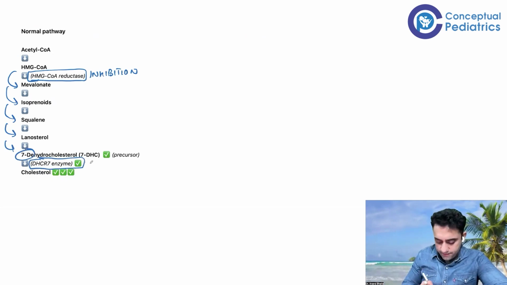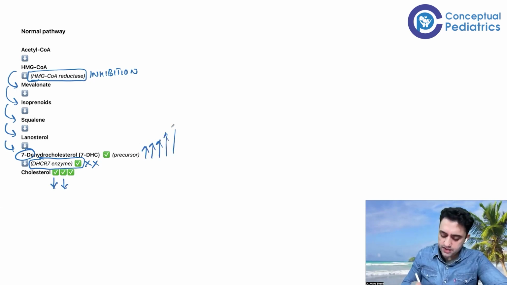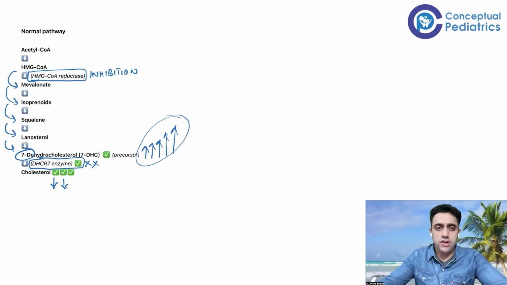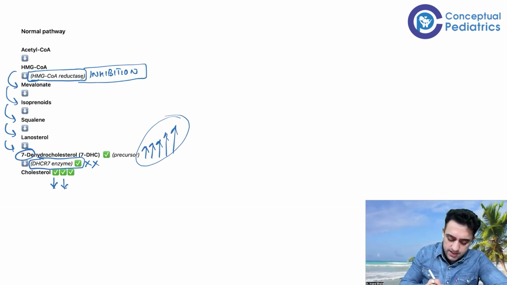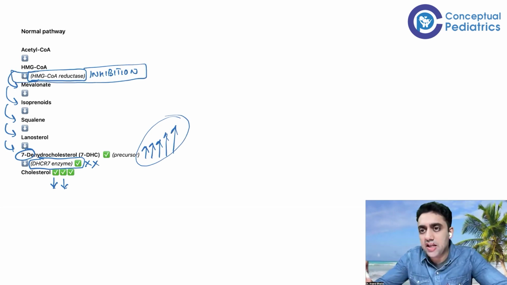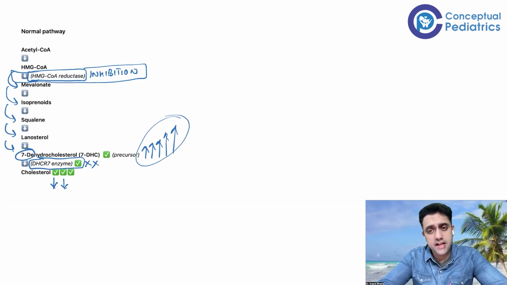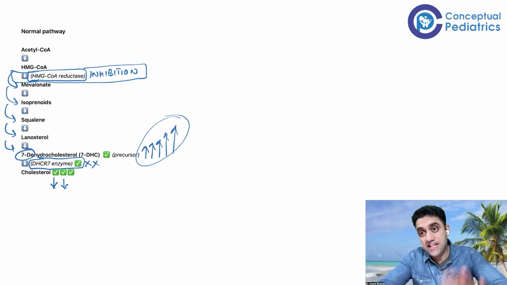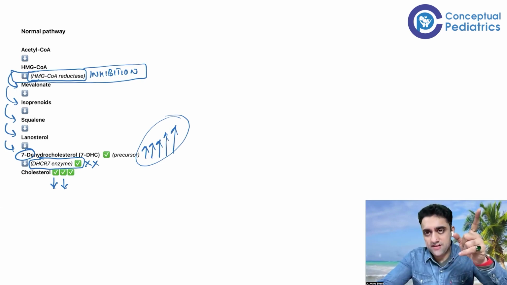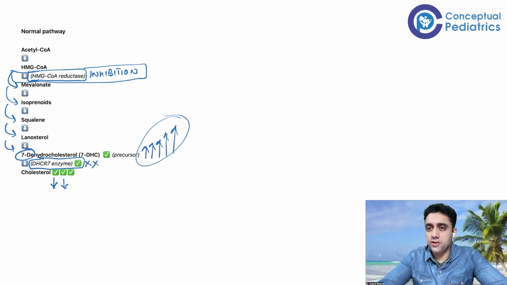This was the deficiency. Cholesterol was not forming, but too many precursors were there, and that was causing the problem. So that is why I'm stopping the pathway from the beginning, by HMG CoA reductase inhibition, so that the HMG CoA is not getting converted into cholesterol.